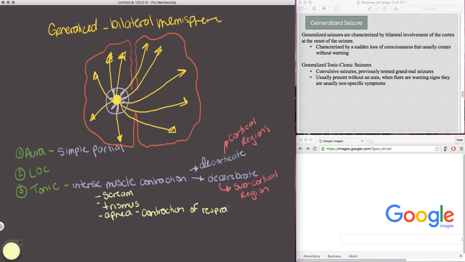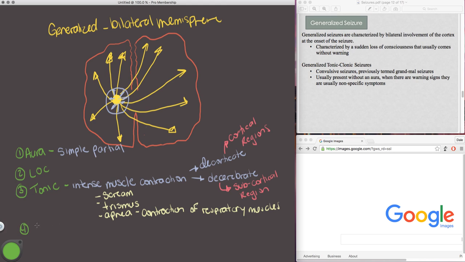And if a person can't have relaxation of respiratory muscles, they can't inspire. So if this tonic phase is lasting for too long, or it's cycling with the clonic phase too regularly, we have intense contraction of the respiratory muscles, and the patient basically stays in a state of expiration. They can't have inspiration, and they're at huge risk of developing apnea.